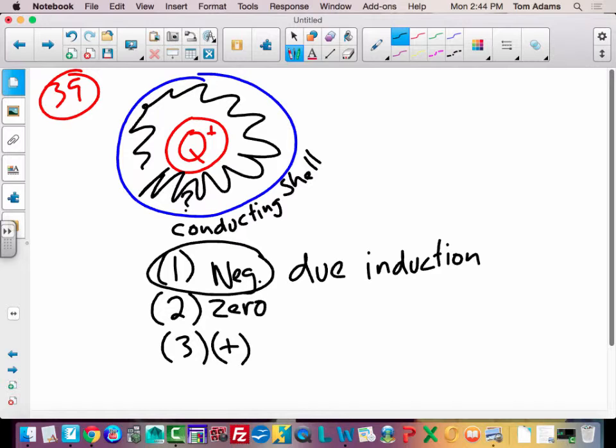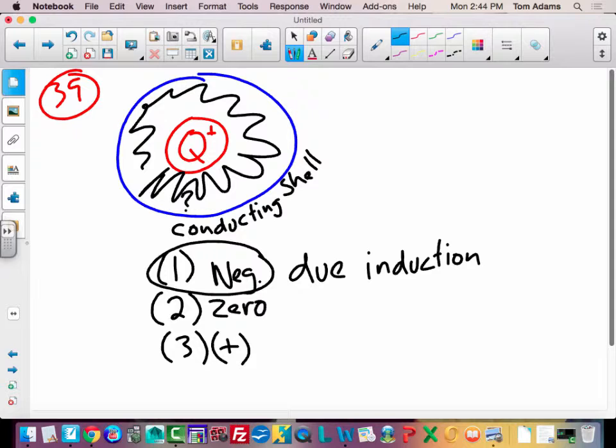What will be the charge after equilibrium is reached? If it were positive, then it would move further away. Equilibrium means that it's evenly dispersed. So what's going to happen to the inner surface of the shell?